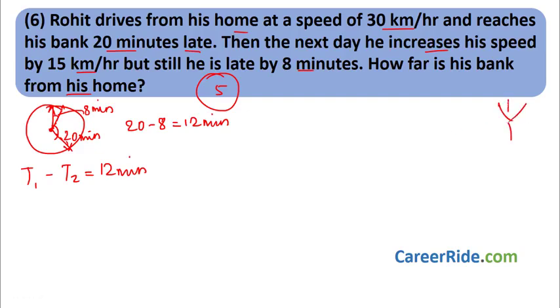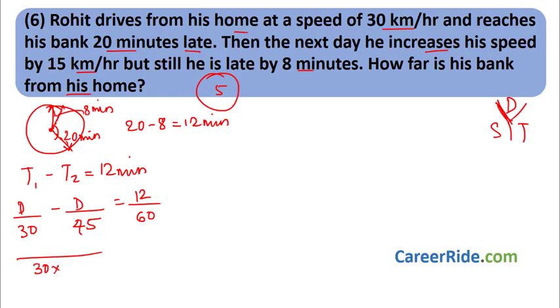Since it is DST, we know time is distance upon speed. We do not know the distance, so let us assume the distance between bank and home is D, divided by the first case speed 30, minus the second case, same distance, speed increased by 15, so 30 plus 15 is 45, equal to 12 minutes. Converted into hours, it is 12 divided by 60. What do we get over here?